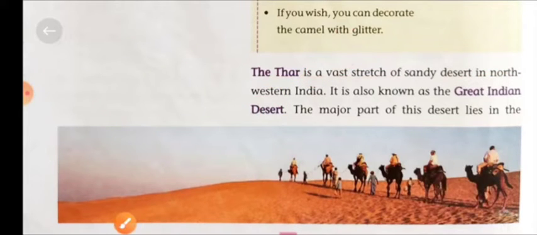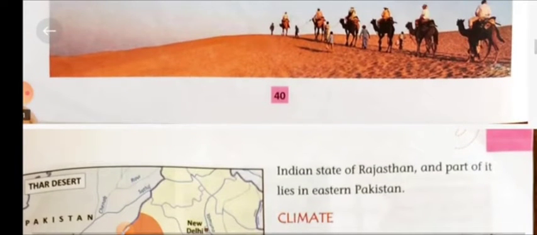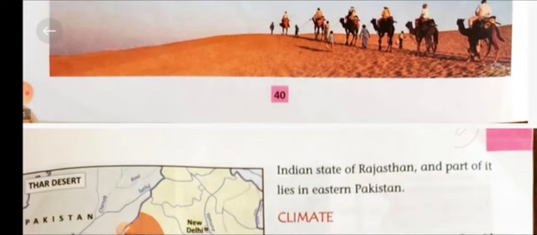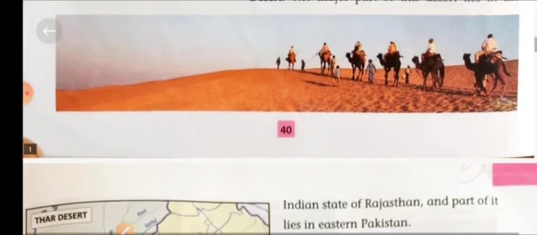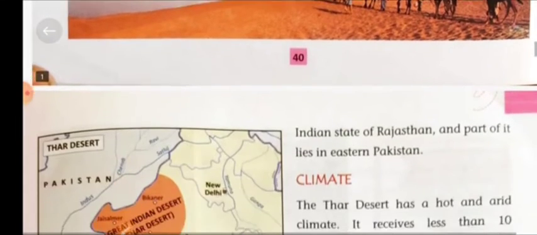The major part of the desert lies in the Indian state of Rajasthan and part of it lies in eastern Pakistan. It is not only found in Rajasthan but also in some parts of Pakistan.